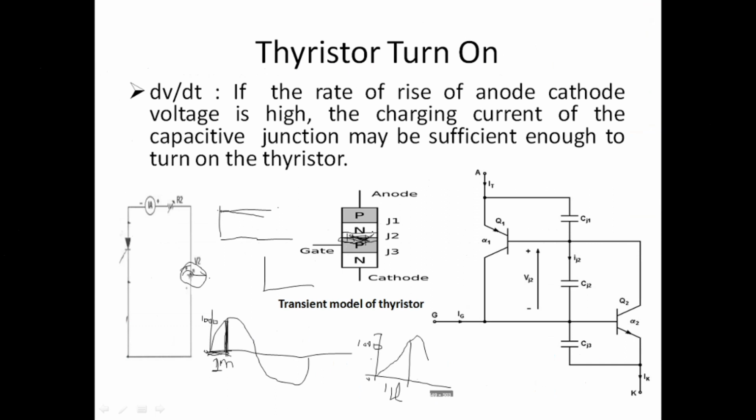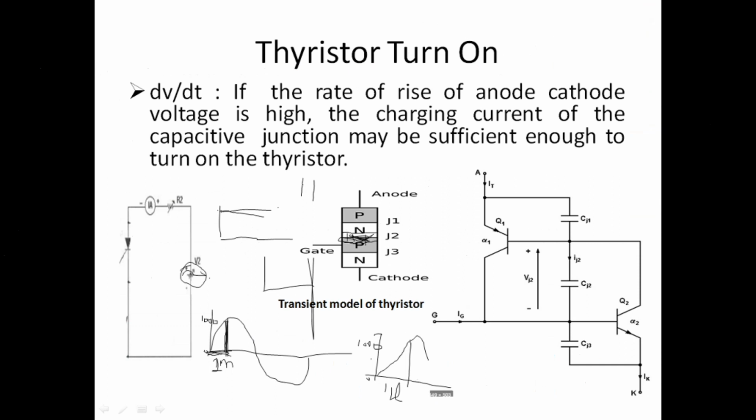So this junction J2 is acting like a dielectric material, correct or not? Means what is a capacitor? Two plates and there is a gap.